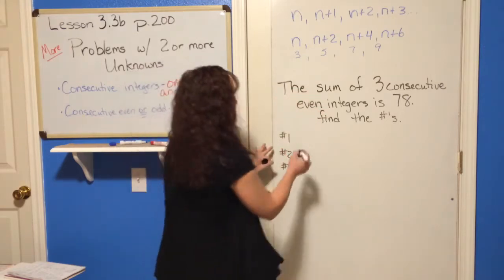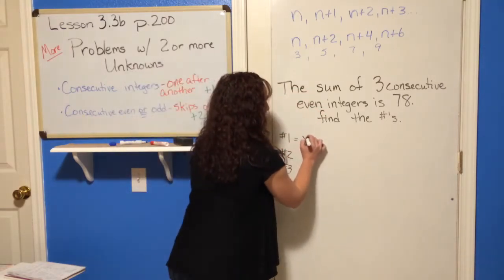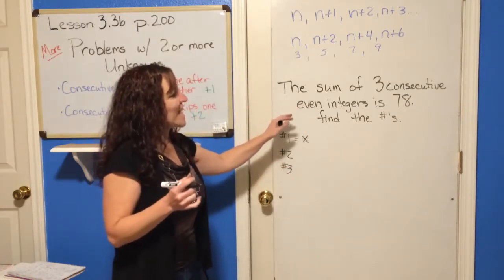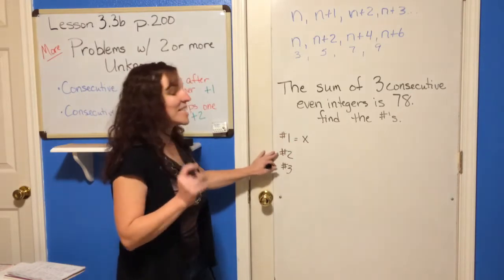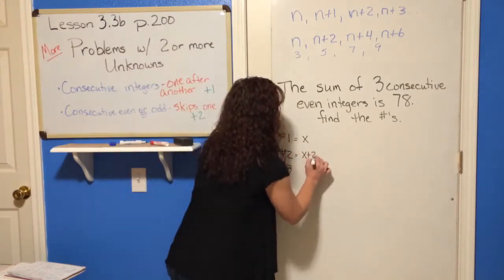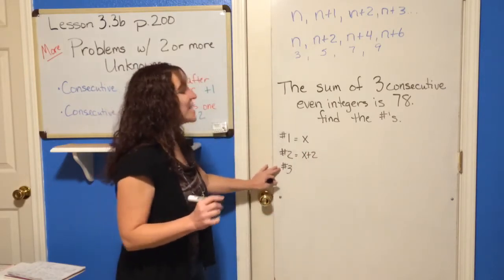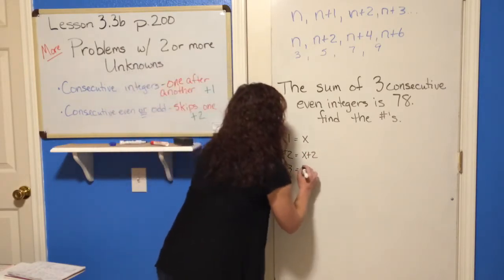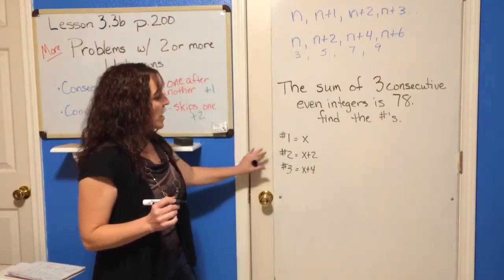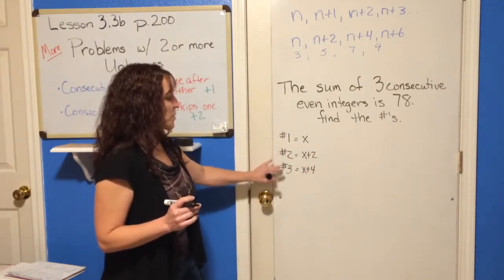So the first number we're going to call n or x or whatever you want to call it. Shall we call it x just to start out with? So if we want consecutive even integers, the next consecutive even integer is going to be x plus 2. The next consecutive even integer is going to be x plus 4. So now we've got our first number x, x plus 2, x plus 4.